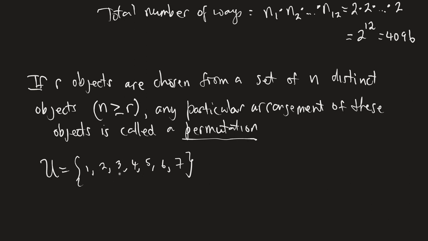So what we're going to look at now are, well, we're not going to list them all because there are so many of them, but in principle, all 4-digit arrangements from our universal set, from U. So in this case, my n is 7, and my r is 4.